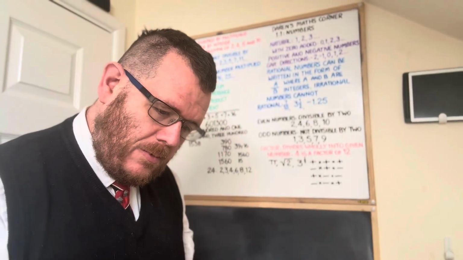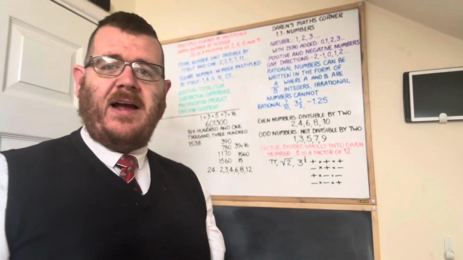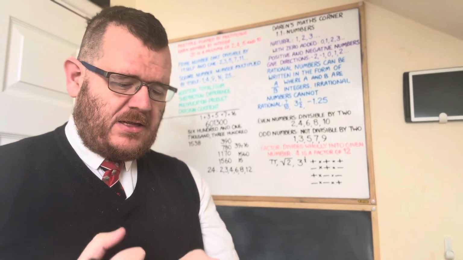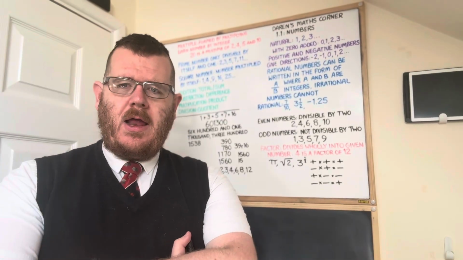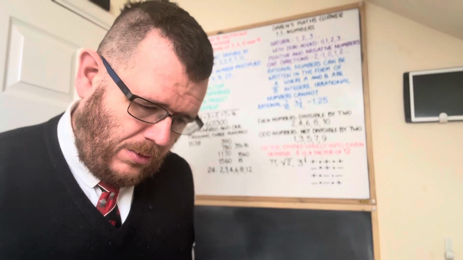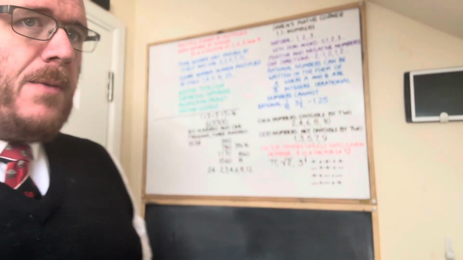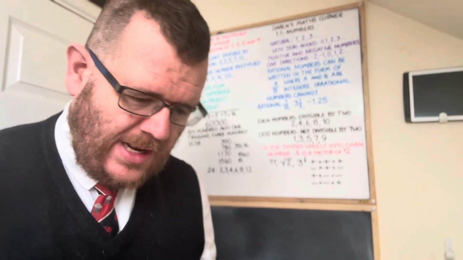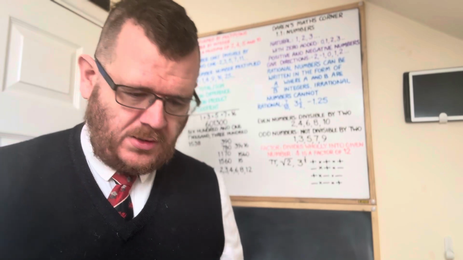B. Which number between 1 and 25 has the smallest number of factors? Well, you have to take into account that it's either going to be 1 because it's only 1, or a prime number, which we'll get to later on in the video, because they only have two factors, itself and 1.